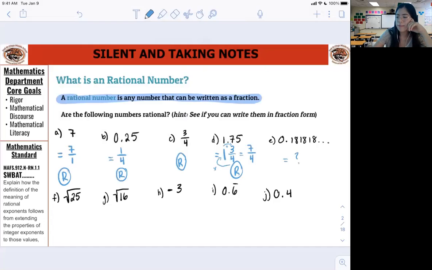Try 1/3, 2/9, 1/11. Just try different things. See if anything looks similar or close to that. I just dropped my pen. I'll be right back.